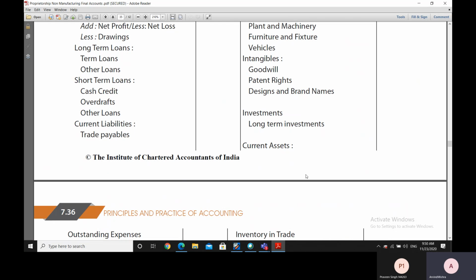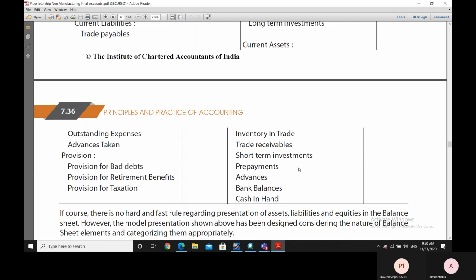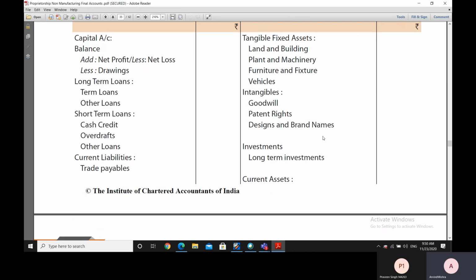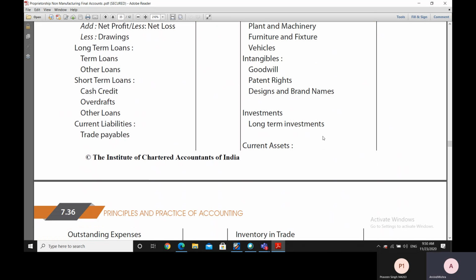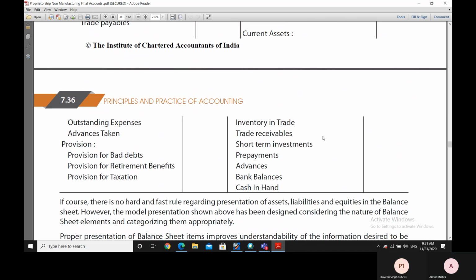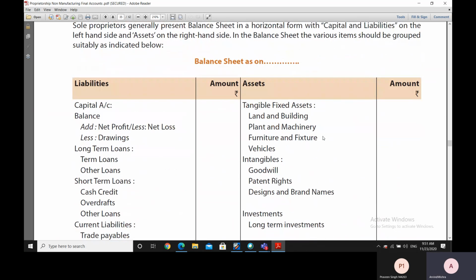So basically we have the tangible fixed assets, the intangible fixed assets, and then the long-term investments, and then the current assets. That is the categorization of the assets.